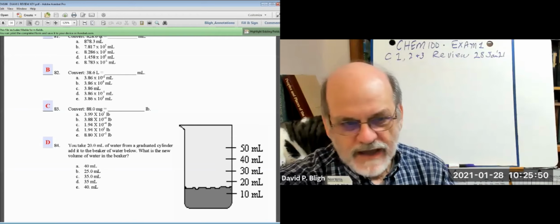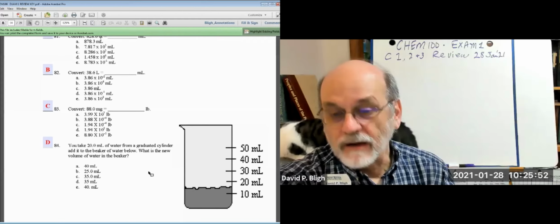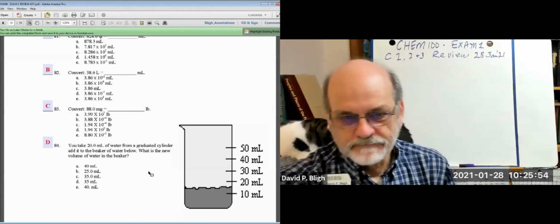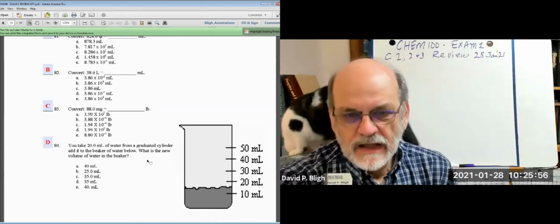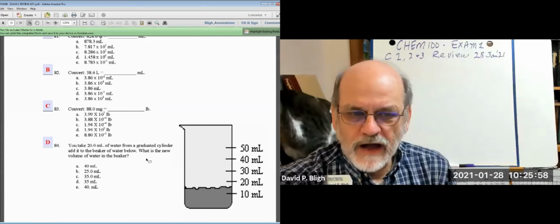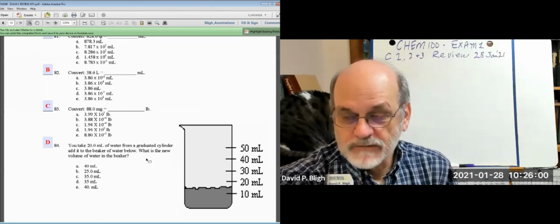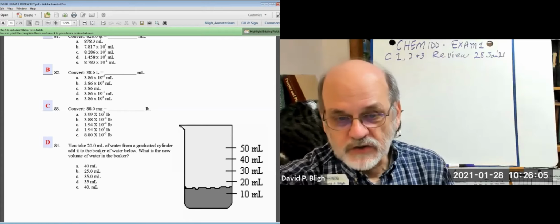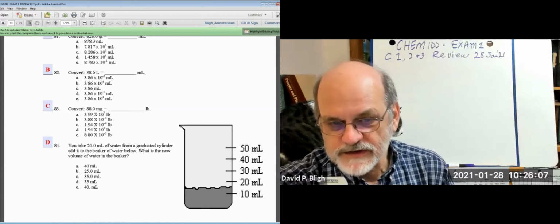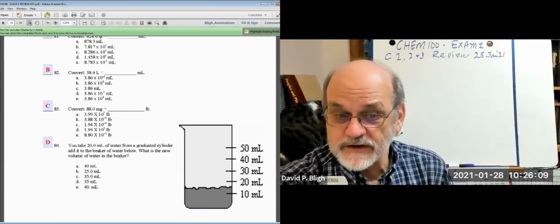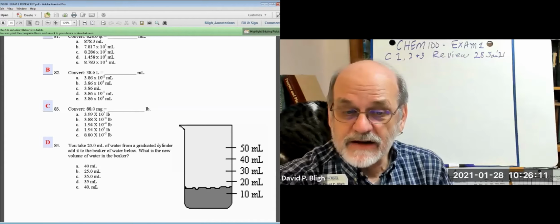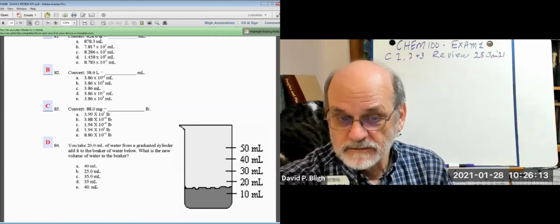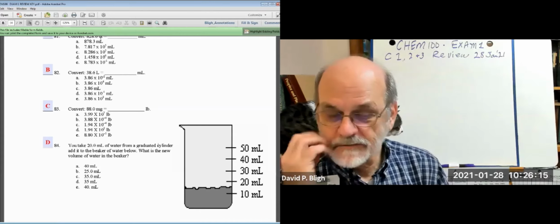And now let's look at the problem. The question is, what is the new volume of water in the beaker? So they're probably going to add some to it or take some away. You take 20.0 milliliters of water from a graduated cylinder and add it to the beaker of water below. What's the new volume, right?